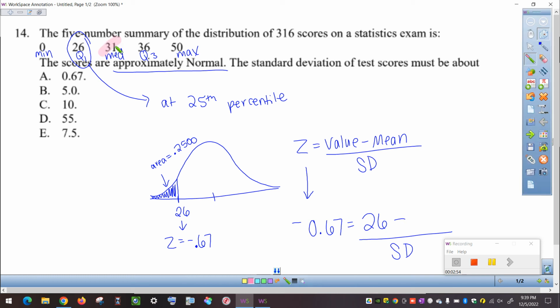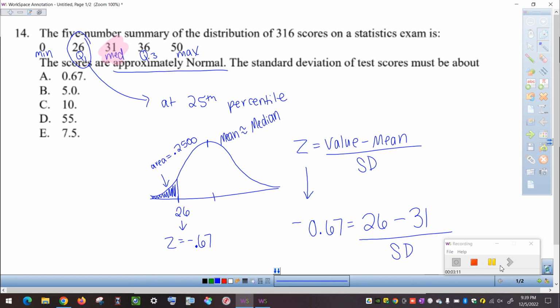That was one of the values in our five-number summary. Now, if this distribution is normal or approximately normal, we would expect the mean to approximately equal the median. And so we can use that value of 31 to plug in the position for the mean.